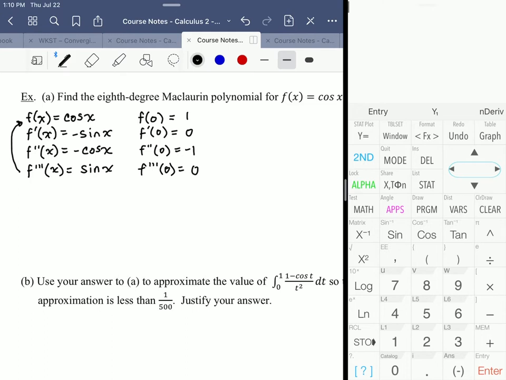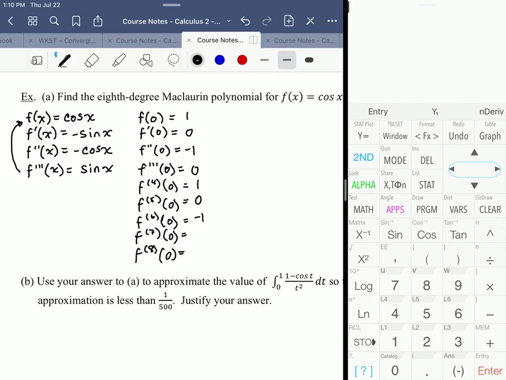All right, so if I need to go to the 4th, 5th, 6th, 7th, 8th, I'm just going to repeat the cycle in mod 4.